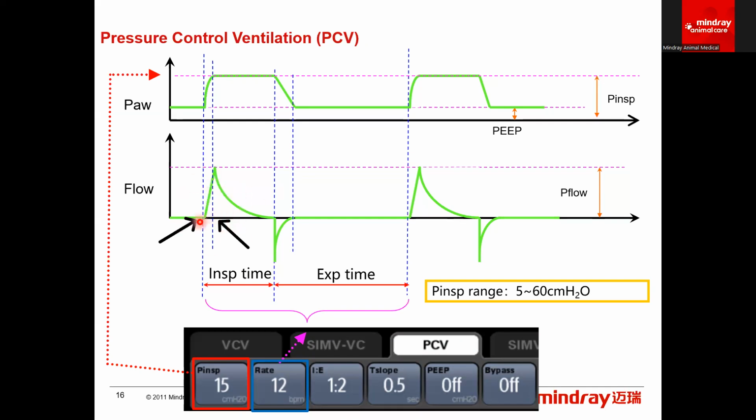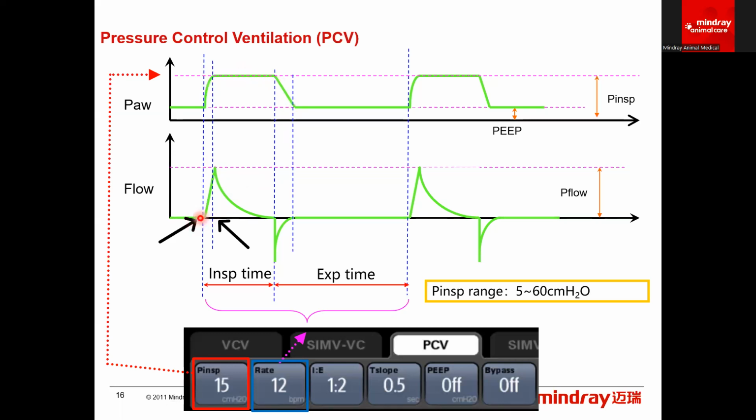In pressure control, our flow is very high for a very short time, which is our T slope. It's just our inspiratory time, trying to get up to that set airway pressure, the pressure inspired. So our airway pressure rises quickly and holds until we exhale.